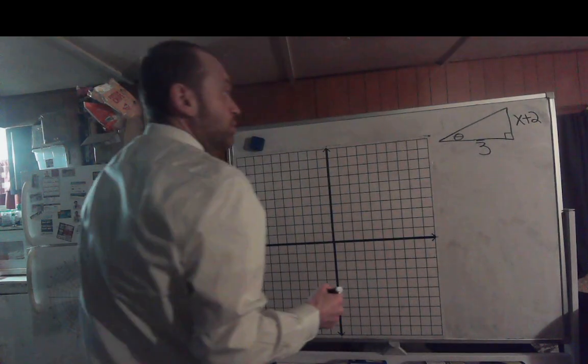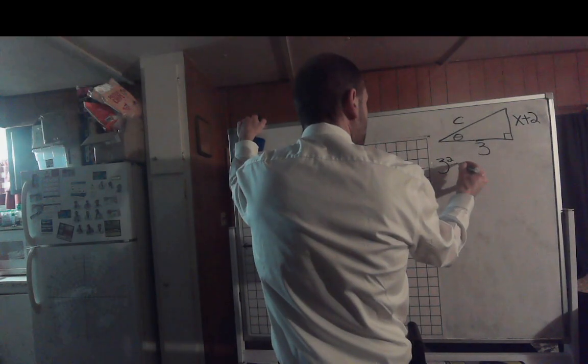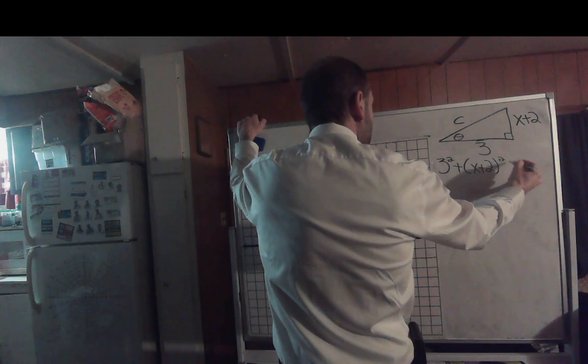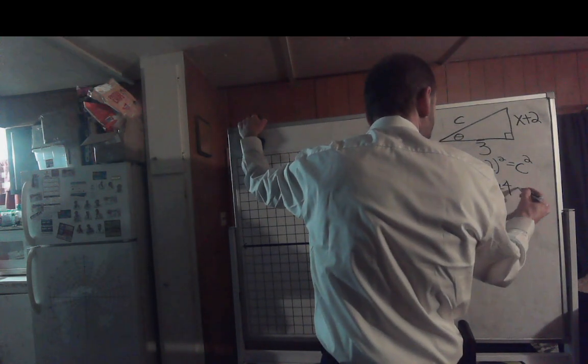Theta, and then you have x plus 2, then you have 3. Well, we don't know the hypotenuse, so we'll call that side C. So that means that 3 squared plus the quantity of x plus 2 squared equals C squared. So that means that C squared equals 9 plus x squared plus 4x plus 4.